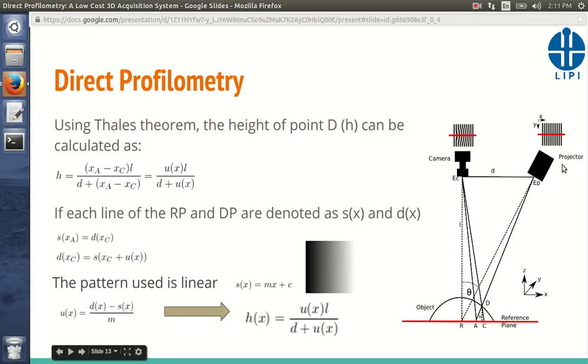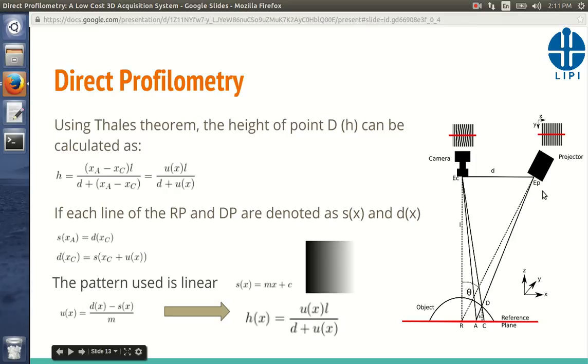The projector will project the linear pattern onto the reference plane as well as the object. Here the distance between the camera and the projector is d, and the distance between the projector and the reference plane is l.